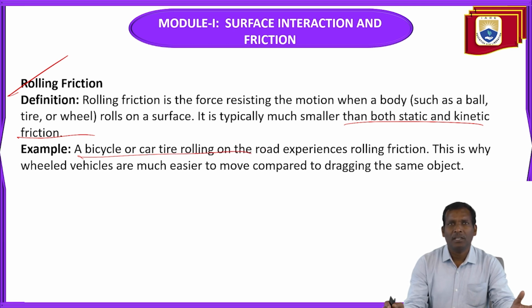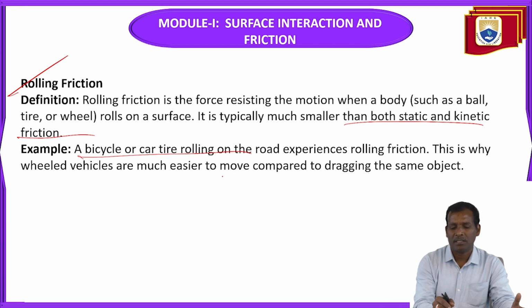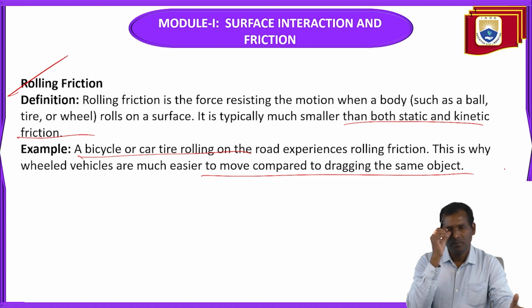This is why wheeled vehicles are much easier to move compared to dragging the same object. Whenever the object has wheels, it is easier to move when compared to dragging the same object. That is rolling friction. This value is much less than the static friction and kinetic friction.